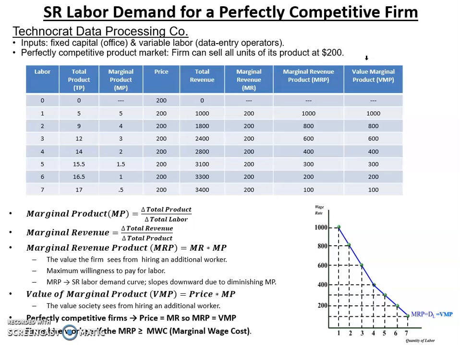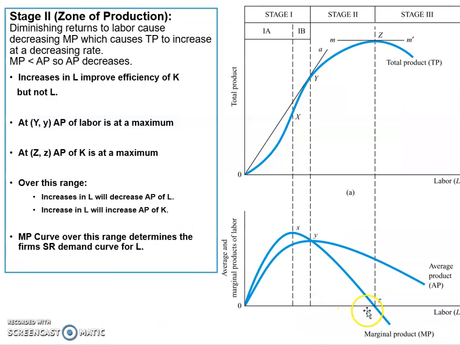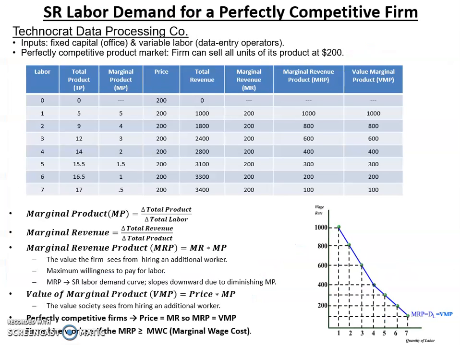Next thing we're going to do is build a spreadsheet that shows the firm's production function, which we derived previously, and a whole bunch of metrics that will help us make that decision of how many workers to employ. In essence, where to produce in the zone of production. Take a look.